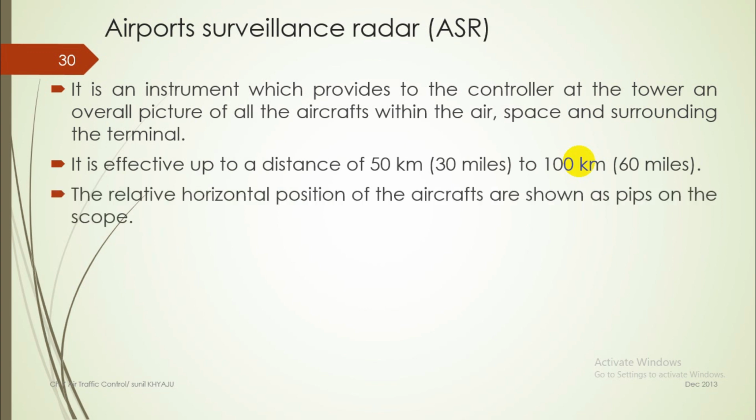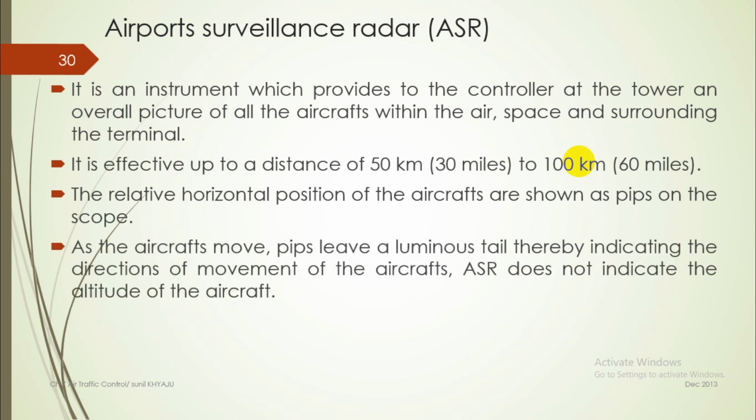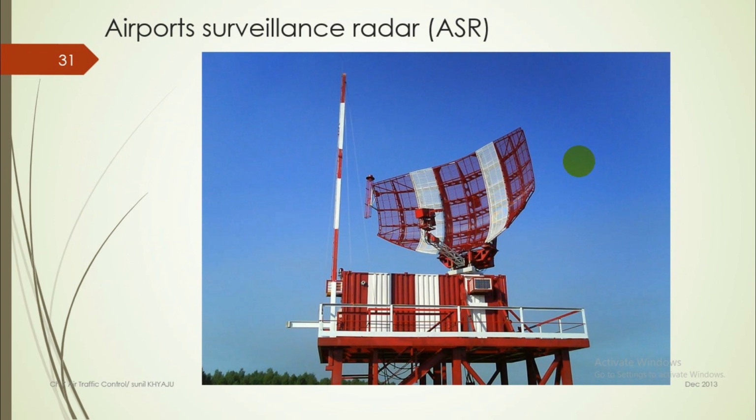The relative horizontal positions of the aircraft are shown as pips on the scopes. As the aircraft move, pips leave a luminous trail, thereby directly indicating the direction of movement of the aircraft. ASR does not indicate the altitude of the aircraft. And this is the picture showing the airport surveillance radar.